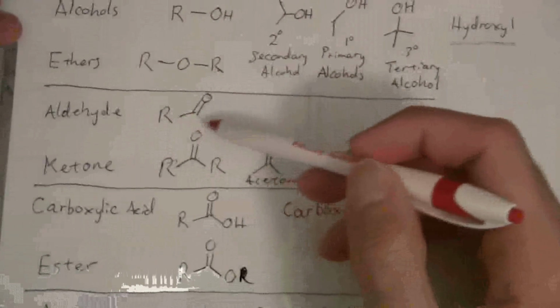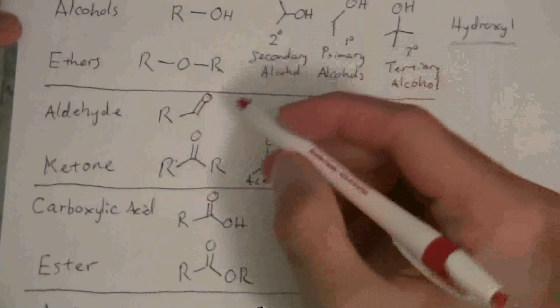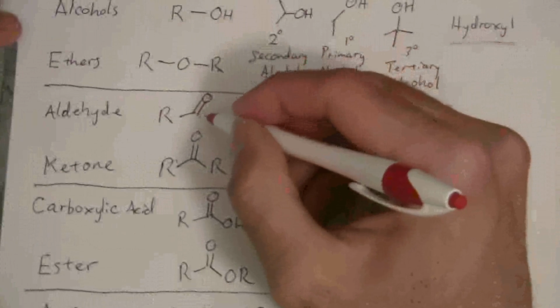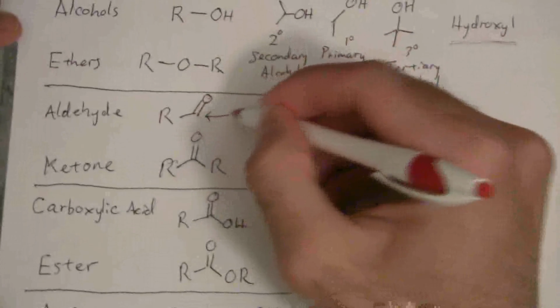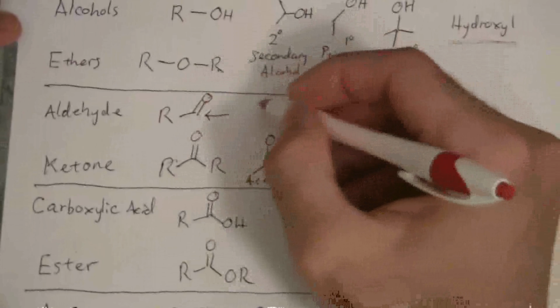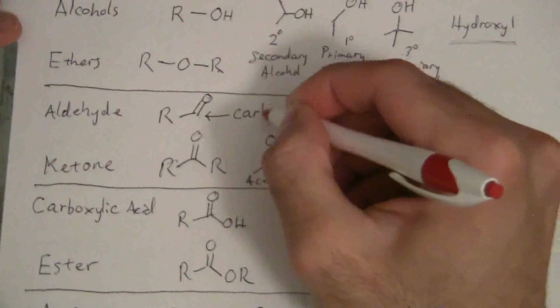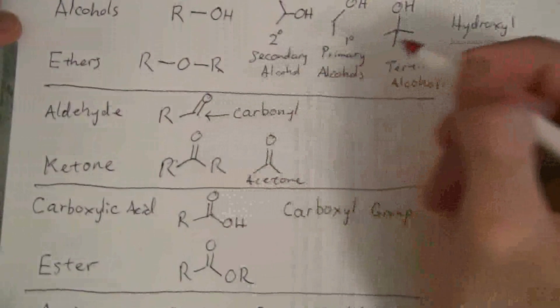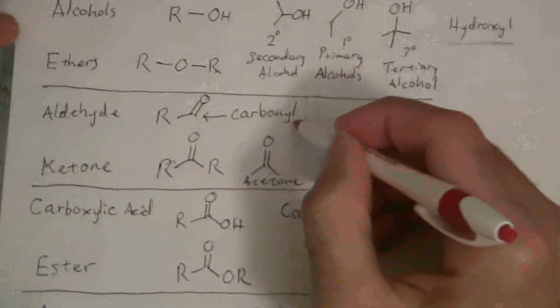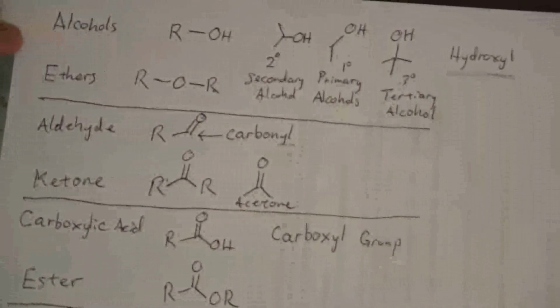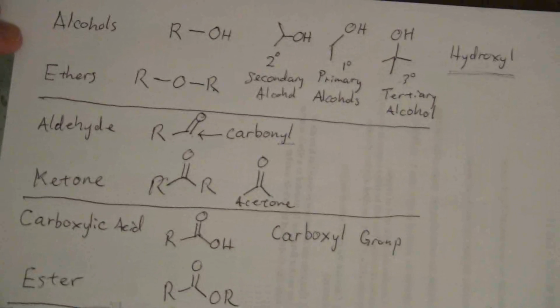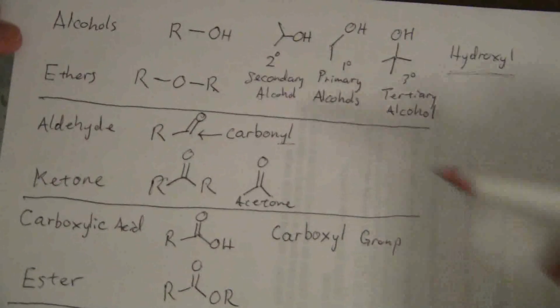And then aldehydes have that carbonyl carbon. That's another term you should know. The carbon that has a double bond to oxygen is a carbonyl carbon. Again, the YL often used to name the groups.